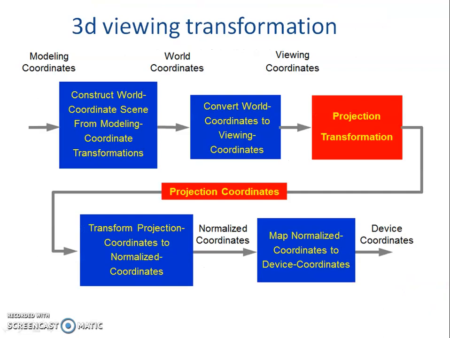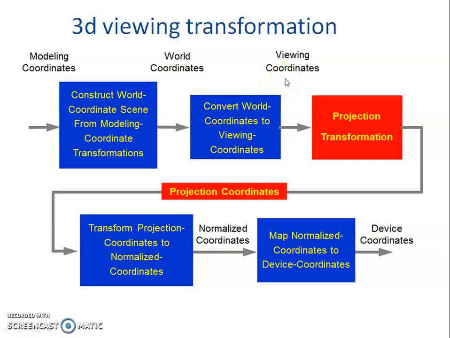And the 3D viewing transformation is represented here. Construct a world coordinate scene from the modeling coordinate transformation. In that last example we have seen that picture of nature, which is in the world coordinate system, and we convert that picture from world coordinates to viewing coordinates.